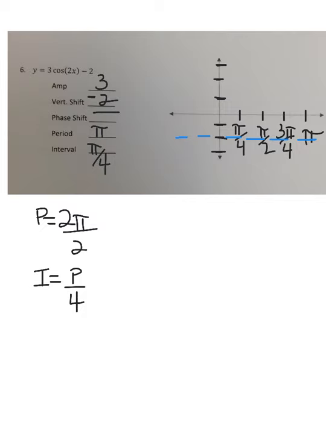All right, so now, think of how a cosine curve normally behaves. Doesn't a cosine curve normally start at its maximum and finish at its maximum? So normally, we would be starting here at 3, so I would be starting at 1, 2, 3 right here. I'd be starting here, and I would be ending here, correct? But I'm not, because I have to shift it down 2.